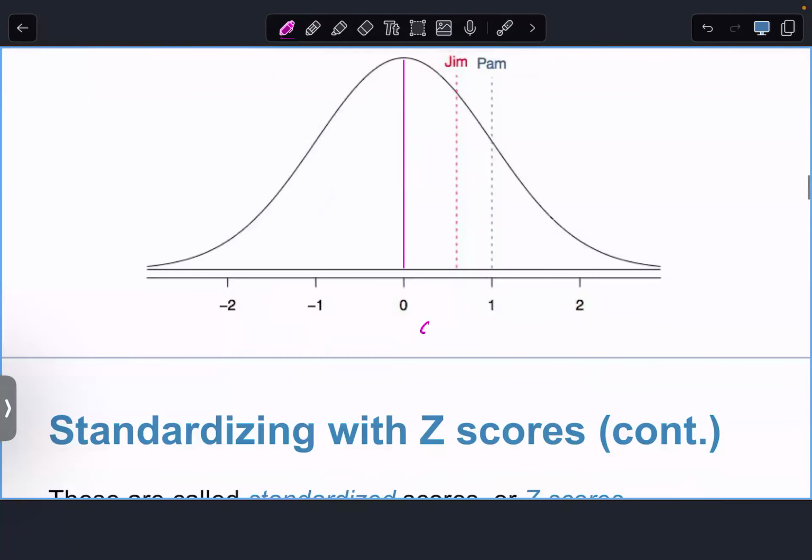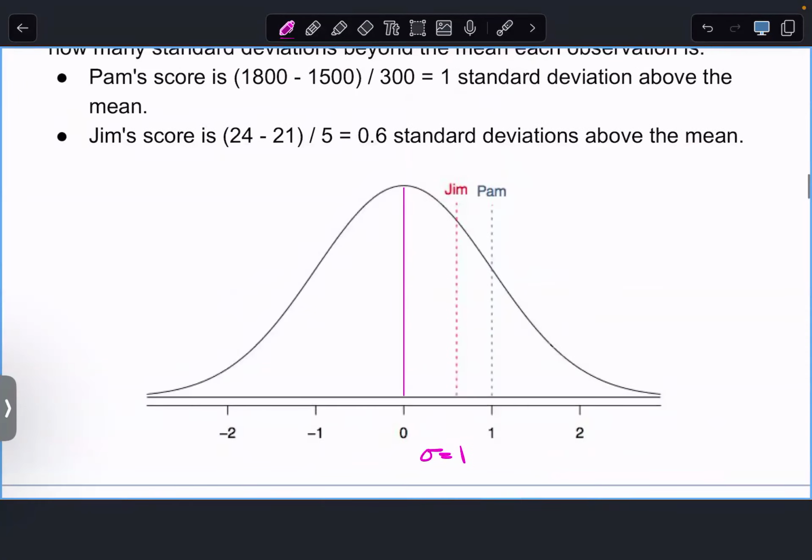And as a rule, the standard deviation is 1. So then we can translate, okay, if Jim is 0.6 standard deviations away, then he's closer to the mean than Pam is, who's 1 standard deviation away. Okay. So we're going to be talking about the number of standard deviations away from the mean.